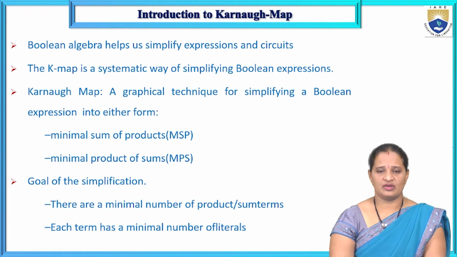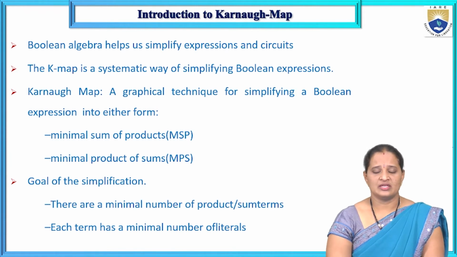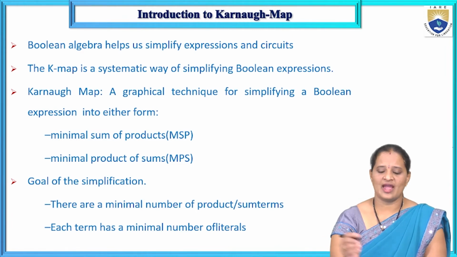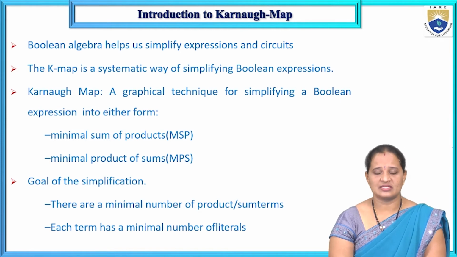That is why we are going for the K-map. It is a systematic way of simplifying a Boolean expression. The K-map was invented by a scientist named Karnaugh, and hence the method is named after him.